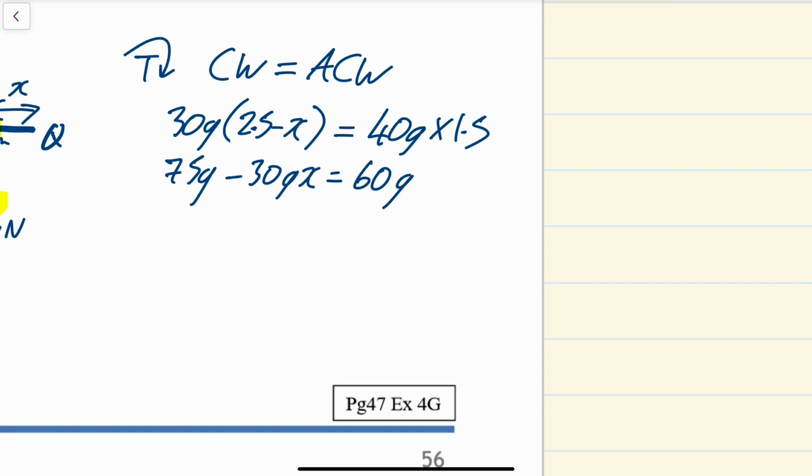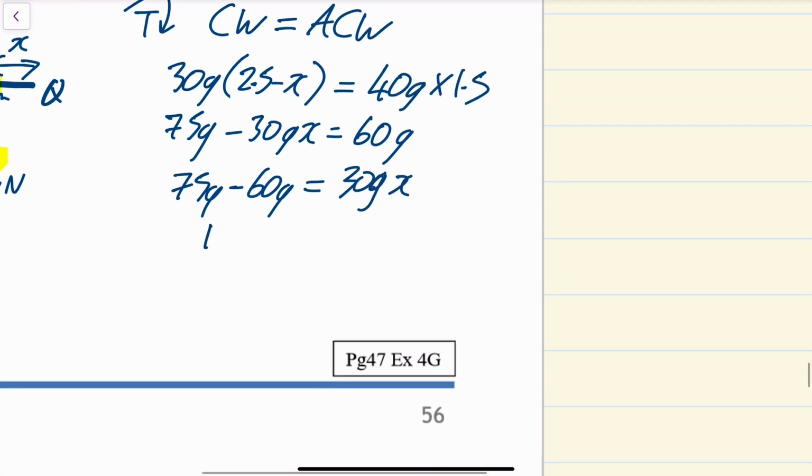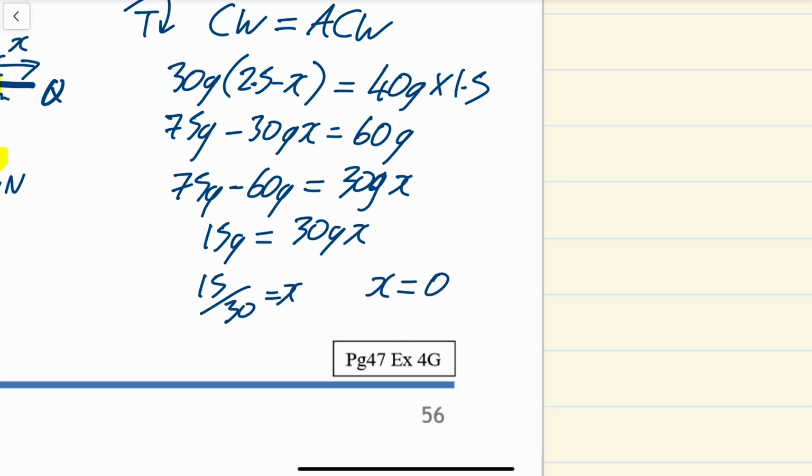Let's bring all the x's across to the other side, so we have 75g minus 60g is equal to 30gx. Clearly those g's will disappear, so 15g is equal to 30gx, and then 15g divided by 30g, so 15 over 30 equals x. X works out to be 0.5 meters.